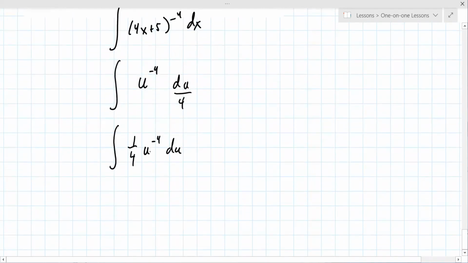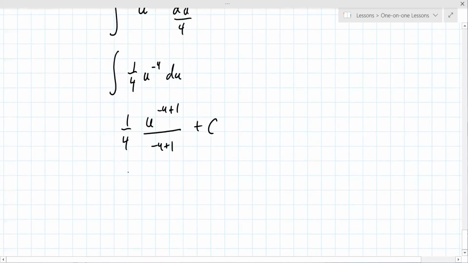So here, same thing. You're going to take -4 and add 1 to it over -4 plus 1. And because there's no bounds, it's going to have a plus c. So that's 1/4 u to the -3 over -3 plus c. And then the negative is going to come out in front. You're going to multiply the 4 times 3.